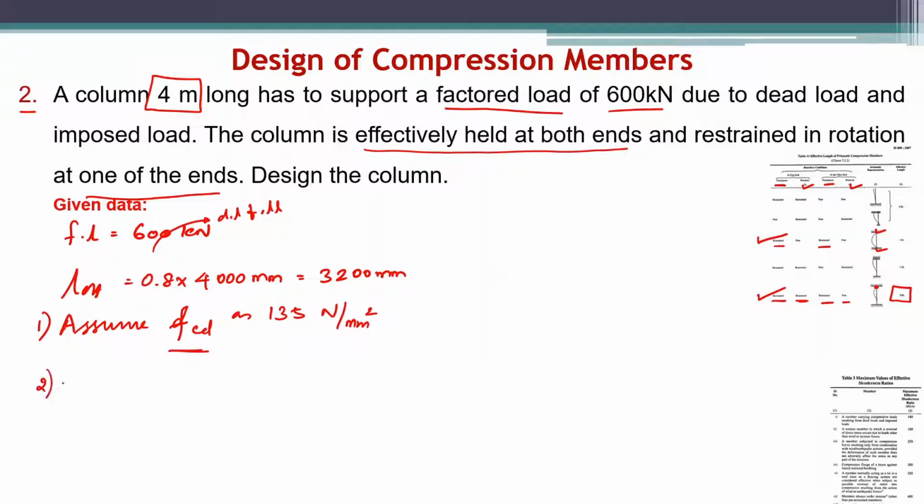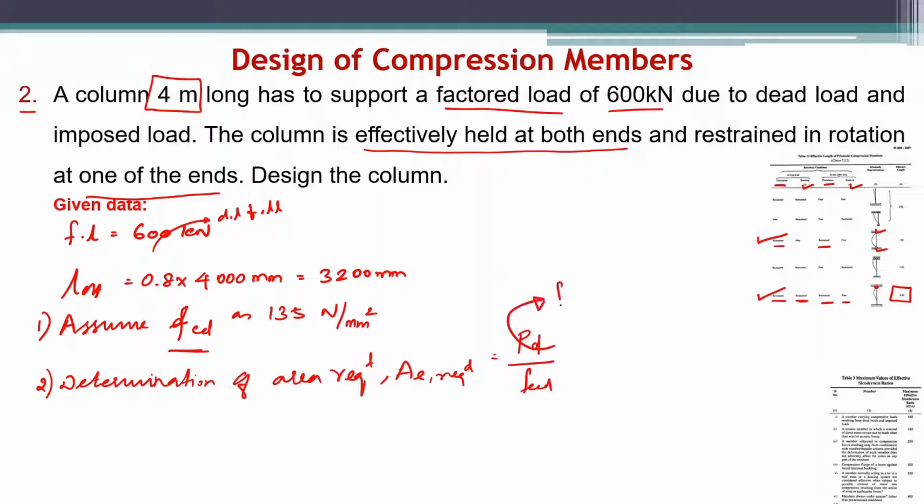Second step, I need to determine the area required to withstand the applied factor load of 600 kilonewton. So area required is equal to PD by assumed design compressive stress.